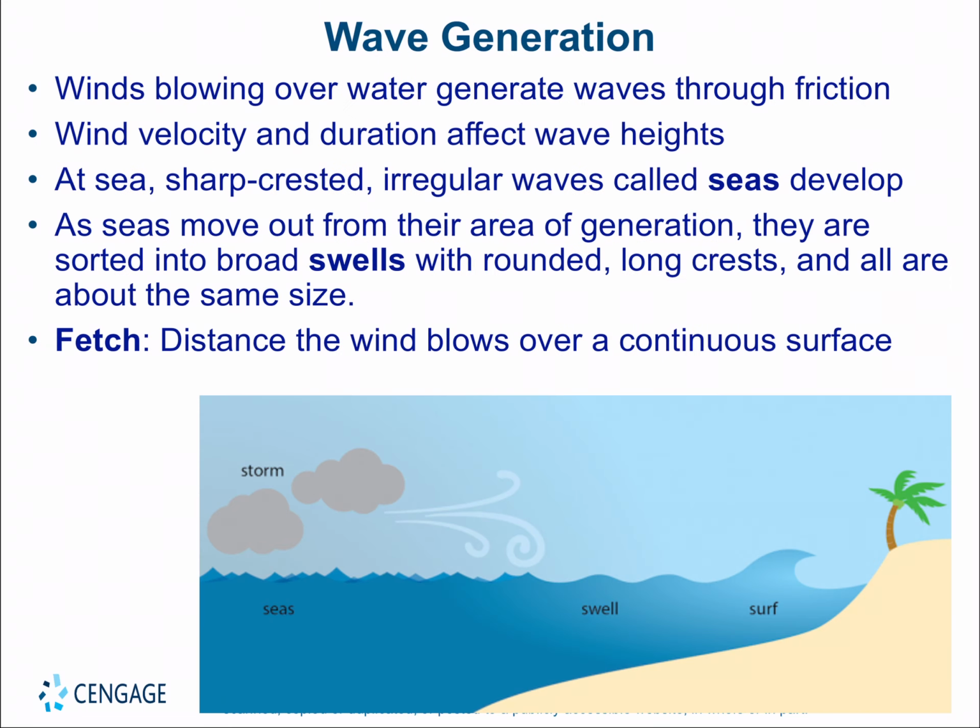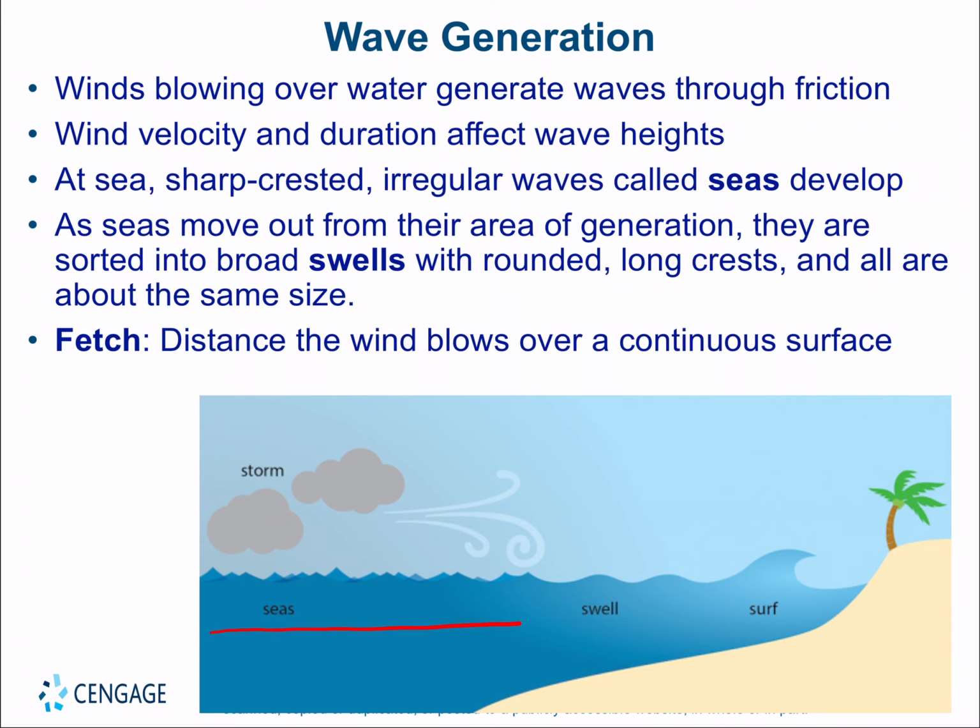Now your waves are going to be caused by your wind blowing over the water, and it's going to generate your waves through friction. The velocity as well as the duration is going to affect your wave heights. Your area that's known as the seas, you can see in this diagram, they're very sharp-crested, irregular waves.